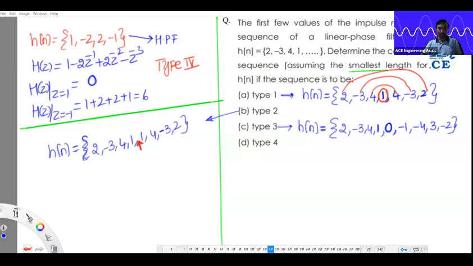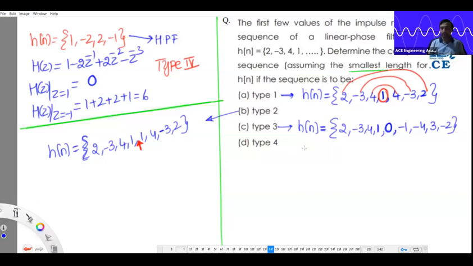For any odd signal, the amplitude is 0 at the origin point. If it is anti-symmetric with respect to n equals 3, there it must be 0. 0 must be included. Origin in the sense that if it is anti-symmetric with respect to that point, the amplitude must be 0, sir.